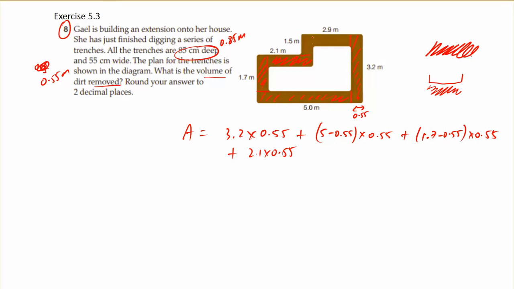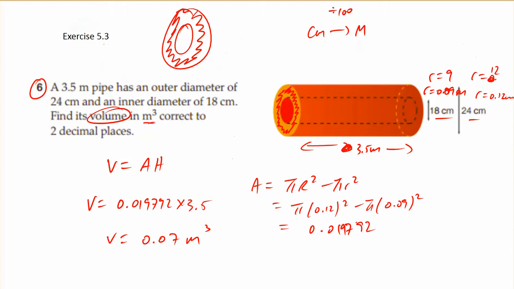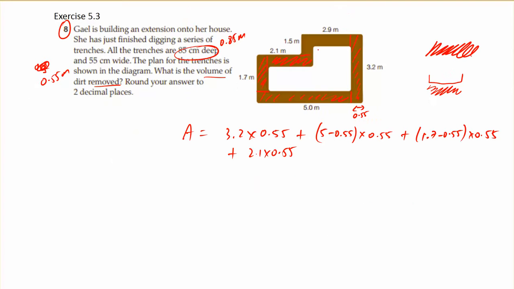This part here, we need to work out what this tiny height is, because otherwise we can't proceed. Actually, no, that tiny height is 1.5. That's perfect, actually. This whole height's 1.5, and we're multiplying it by 0.55.